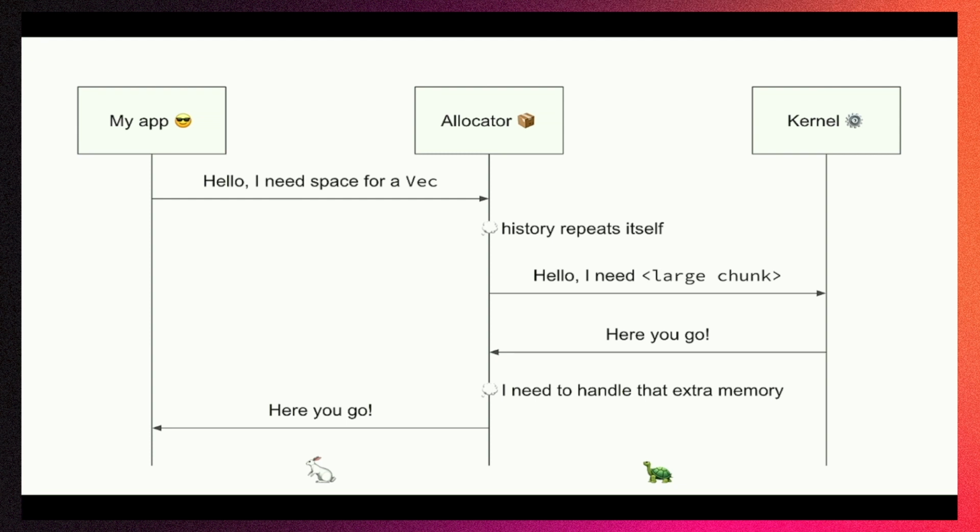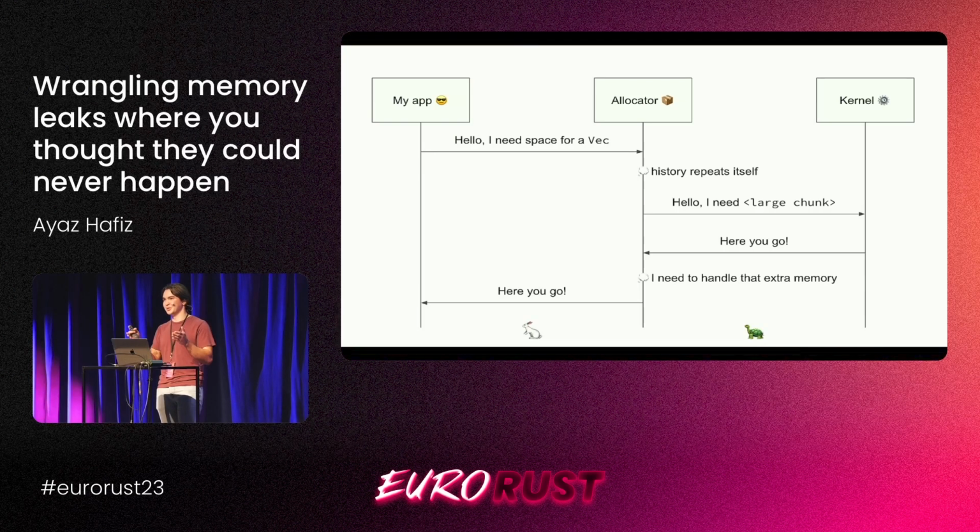But talking to the kernel is usually pretty slow, at least relative to how long it takes your code to call the allocator, which is a few instructions. And so the allocator might say, well, I know this is going to happen again at some point in the future, because if you're allocating now, you're probably going to allocate again. So let me go get a big slab of memory from the kernel, and then next time you ask me, I can just give you a little piece from that slab rather than having to go talk to the kernel again.